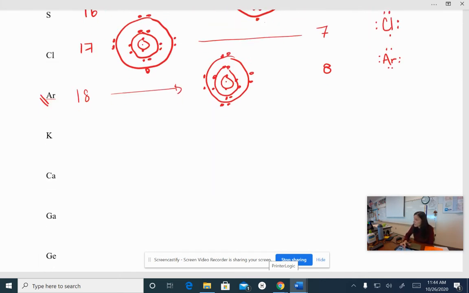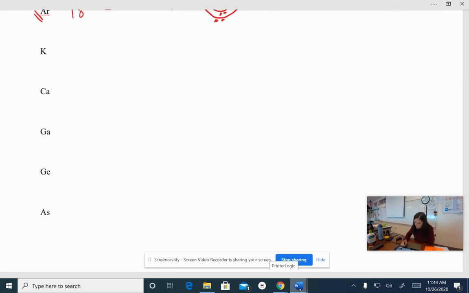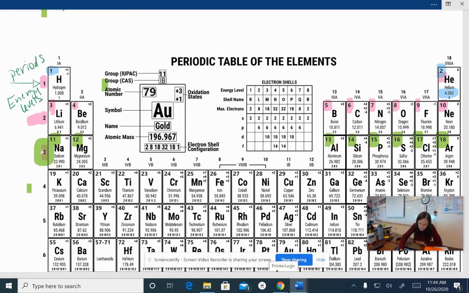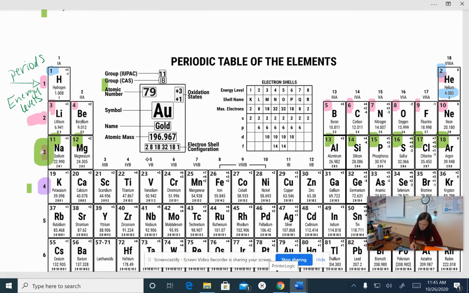Okay, potassium. When we go to potassium, notice we are going to yet another row. Since we're going to yet another row, that means, you guessed it, we are going to yet another energy level. So we're going to now have 4 energy levels here.